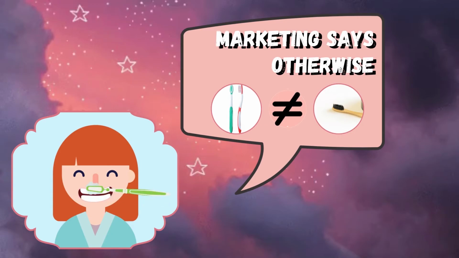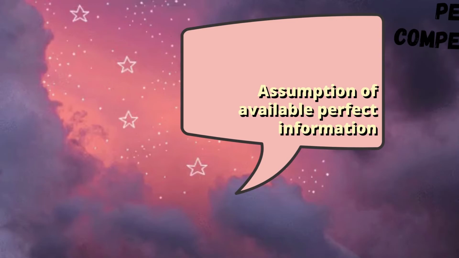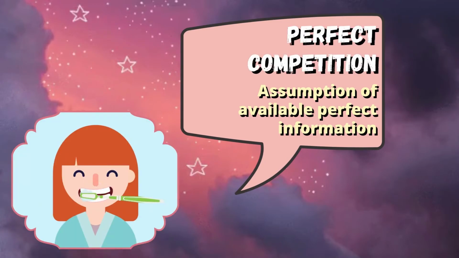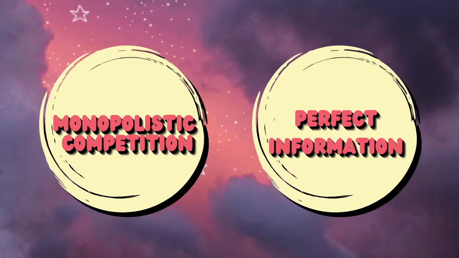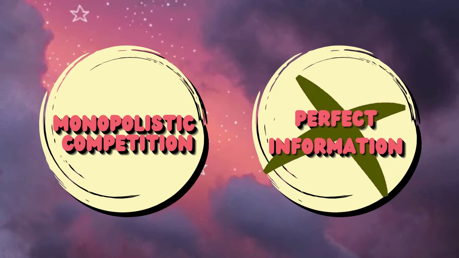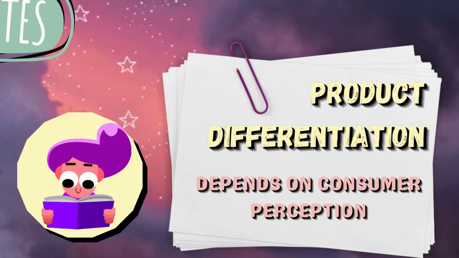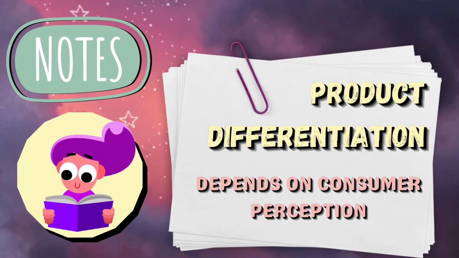This couldn't happen in a perfectly competitive market because of the assumption of perfect information being available. But in a monopolistically competitive market, perfect information does not exist and consumers can be fooled into believing that products are different by the use of advertising and marketing. In the end, as long as consumers perceive the products to be different, then the products are different. It doesn't matter whether the difference is real or artificial.